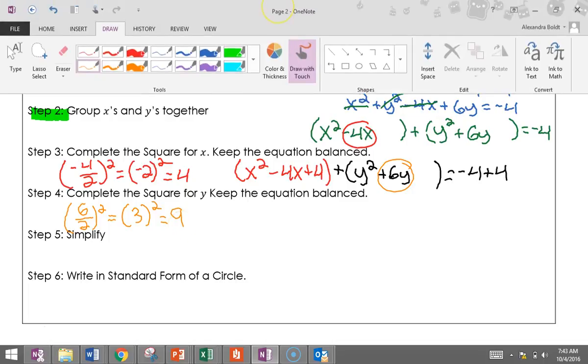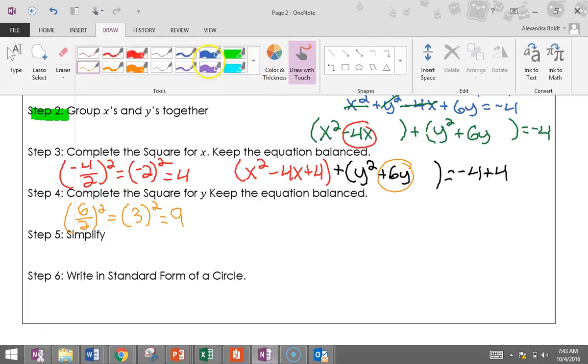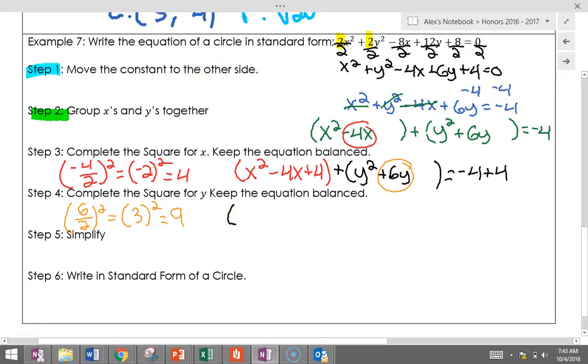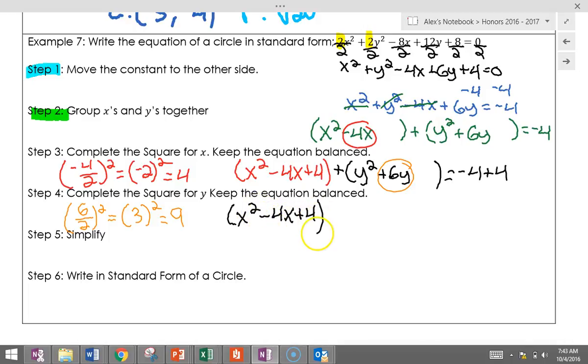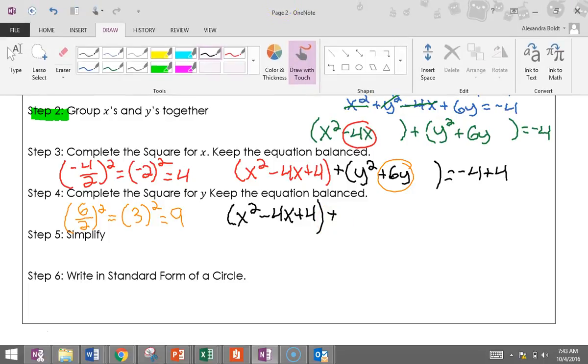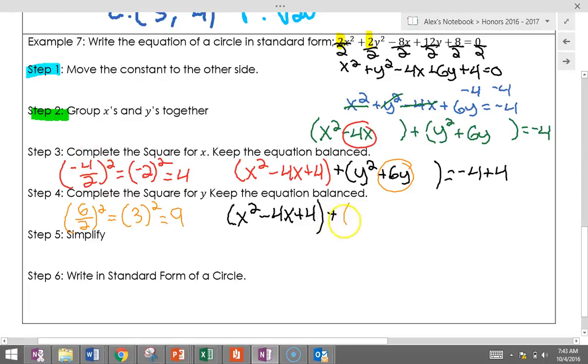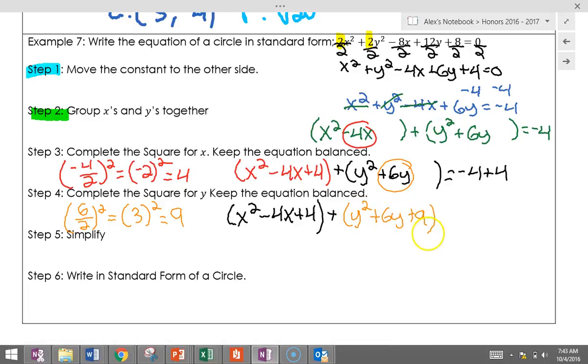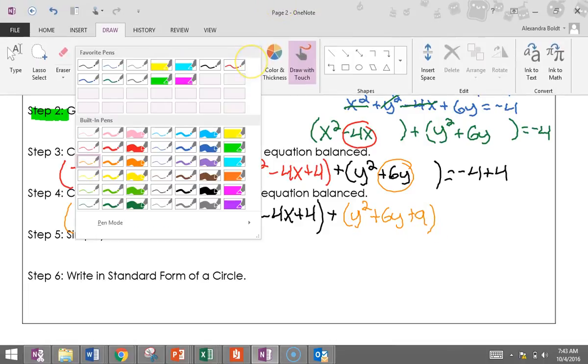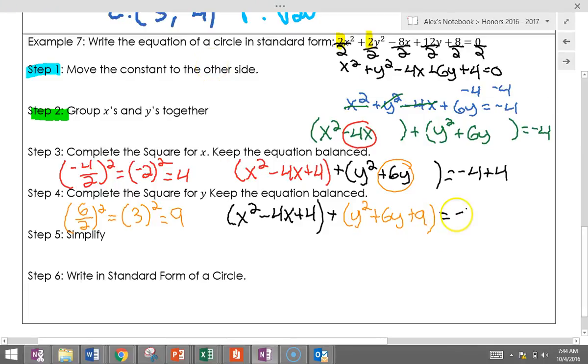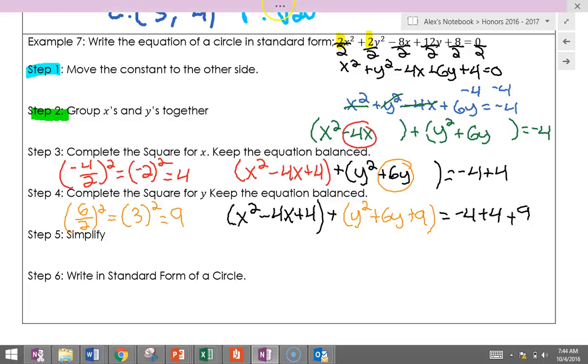So I will have x squared minus 4x plus 4, plus, for my y term, y squared plus 6y plus 9. And that equals -4 plus 4 plus 9. I added a 9 in here, so I have to add a 9 in there. Last step, simply simplify it all.